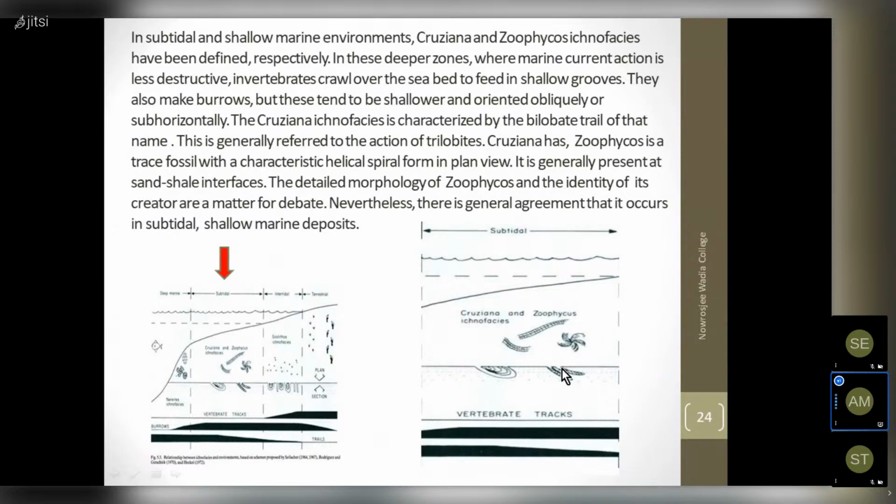The Cruziana ichnofacies is referred to as the action of trilobites, while the Zoophycus here, as we can see, characterizes a helical spiral in plan view, and it is generally present at sand shale interfaces.